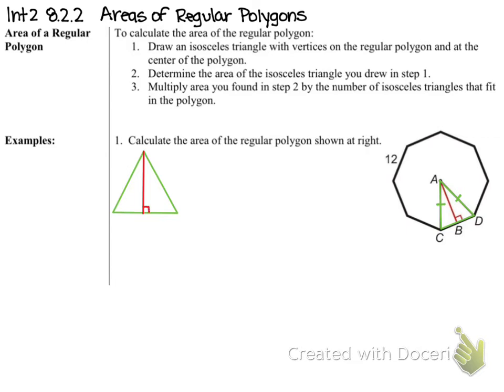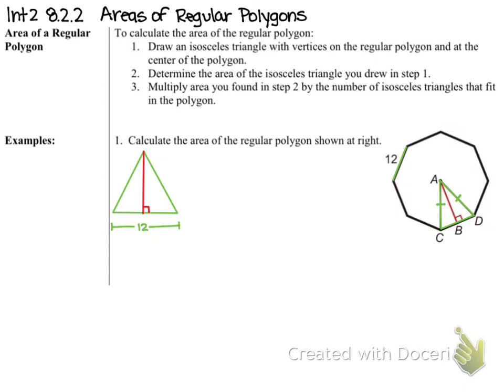I also know, looking back at the picture, that I have this length that was given to me over here of 12 units. So I just highlighted that in green. So that means that every single side length on the outside of the polygon is going to be 12 units. So all the way across is 12.